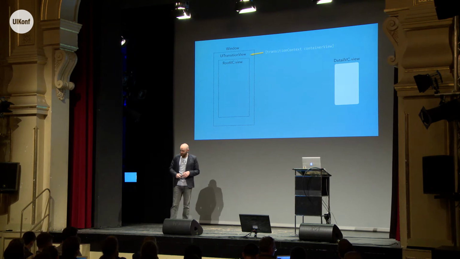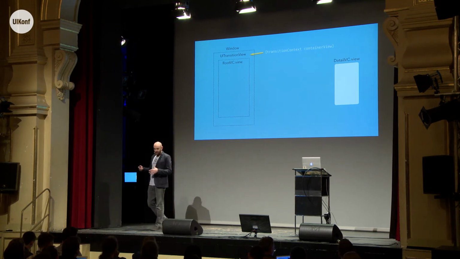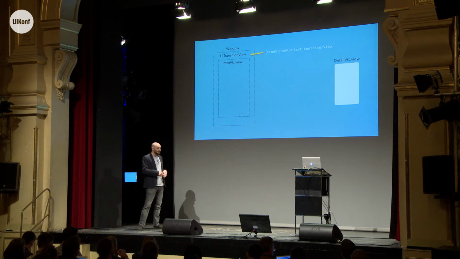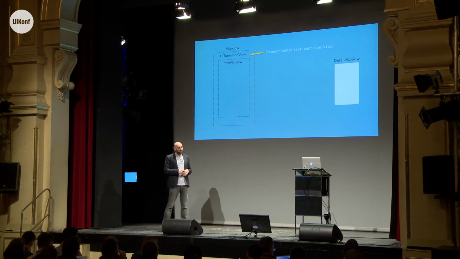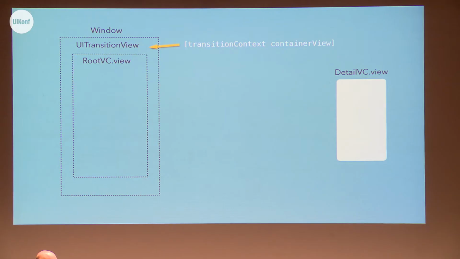When you build your custom transition and present a view controller, right when animate transition starts, the state of the view hierarchy looks kind of like this. That container view, like I was saying before, is the UI transition view, and it's between the window and the presenting view. This gives you a common place to do your transition, a common superview.